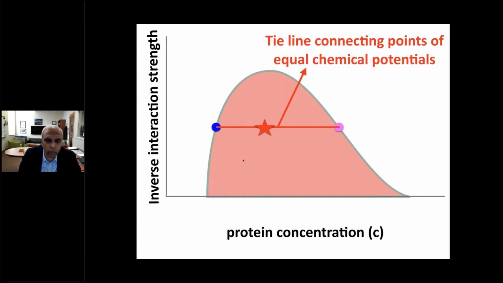Now let's do the following experiment, which is to ask, what are the concentrations of the protein in the dilute and the dense phase? We'll refer to these values as Csat, for saturation concentration, and C dense, for the concentration of the protein in the dense phase.